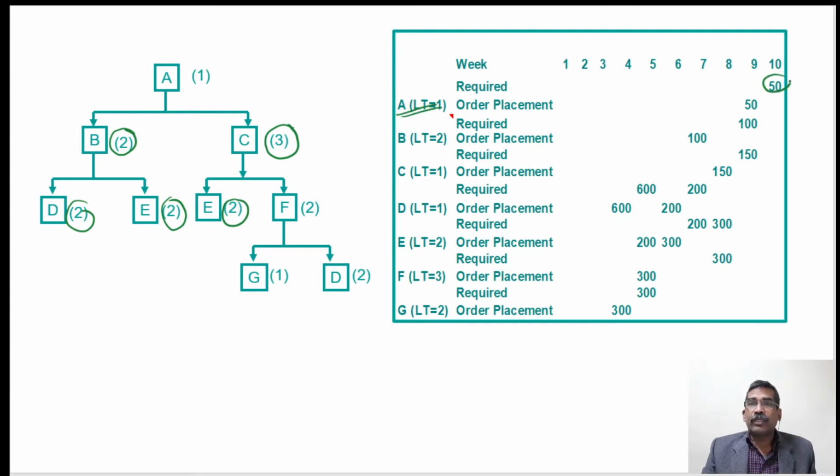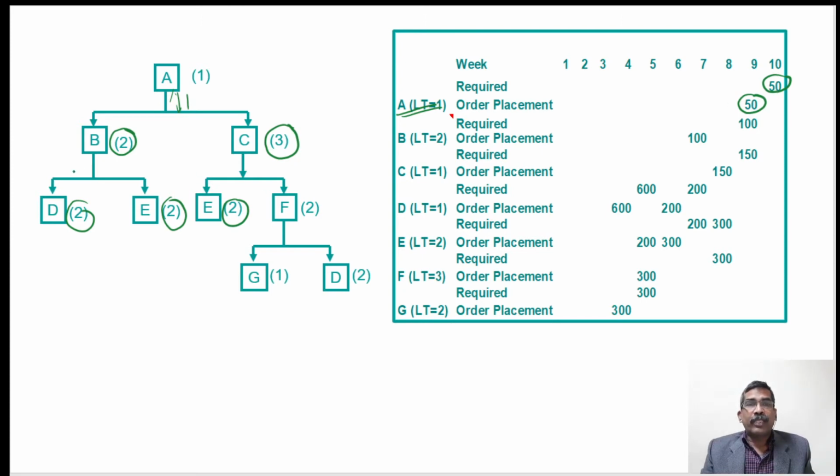How many components? Then 50 components, and the lead time of A is given as 1 week. So we should start the processing of A in the 9th week, so that we can supply these 50 pieces of A in the 10th week.